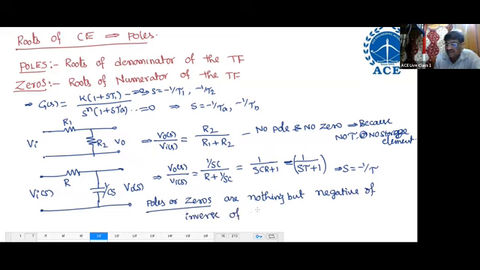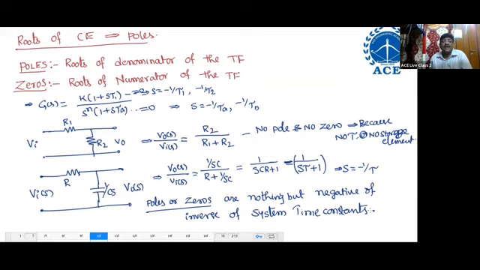If there is no storage element, then you don't get any pole and you don't get any zero. A storage element is compulsory to get the poles and zeros. Otherwise, you will get a simple constant. Because for one time constant, we get one pole.